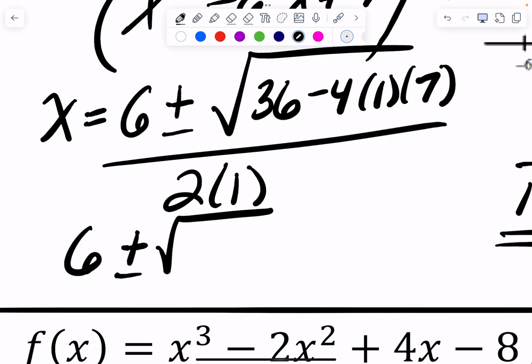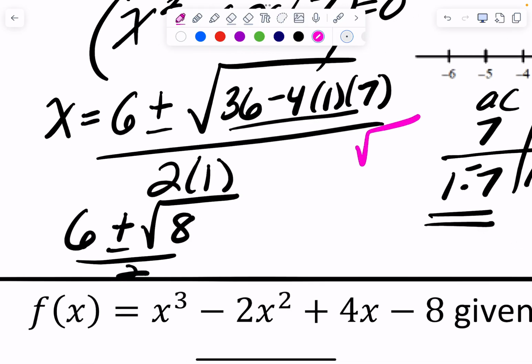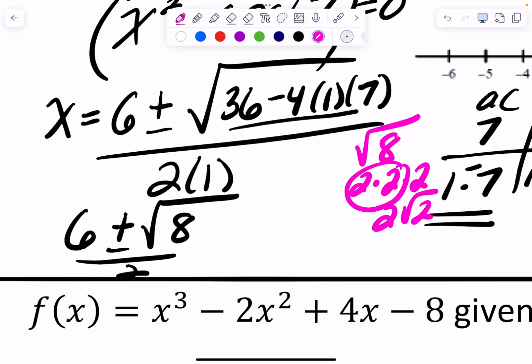I'm going to type that into my calculator, and I get 8 all over 2. I then say I need to do square root of 8 by hand. That's 2 times 2 times 2. 2 roots of 2 is the better version of root 8. 6 plus and minus 2 roots of 2 all over 2.